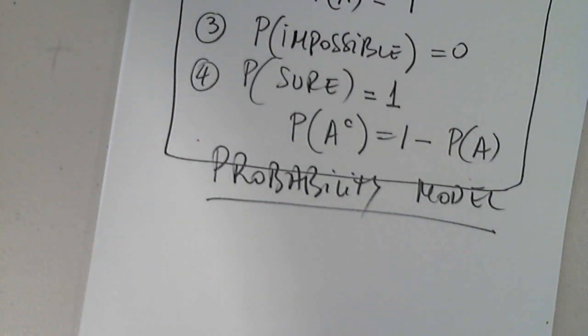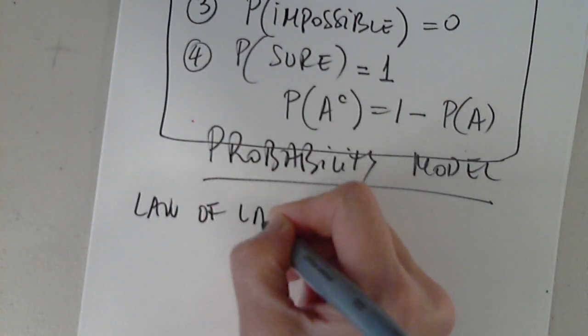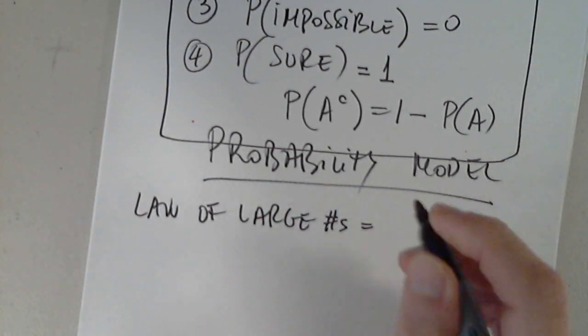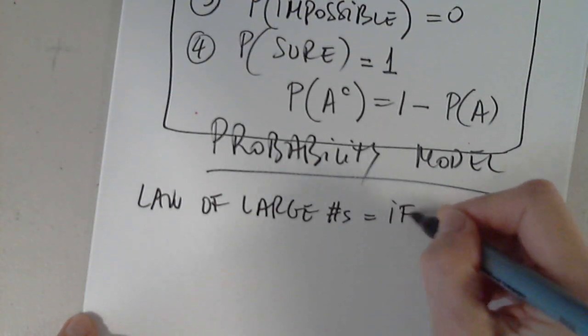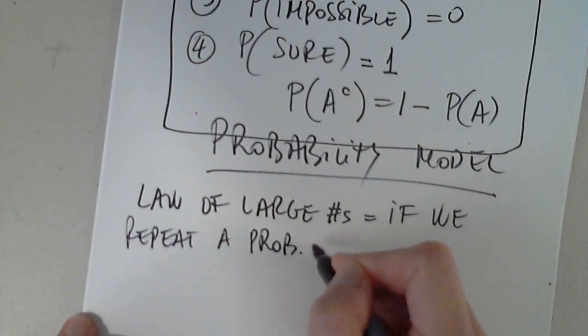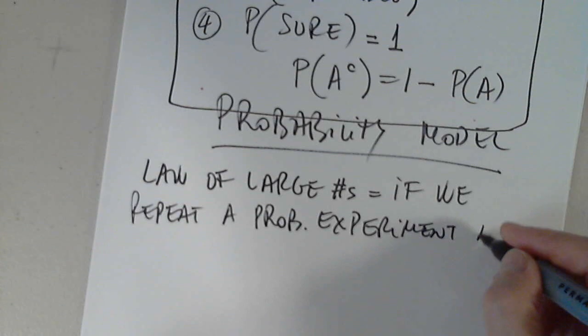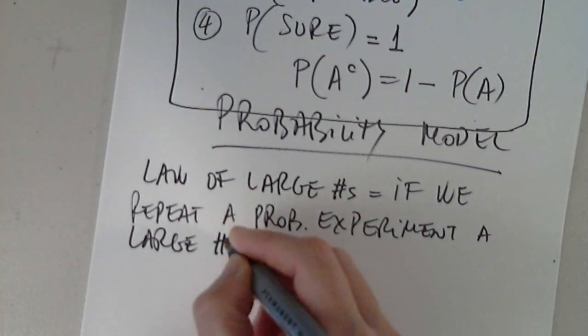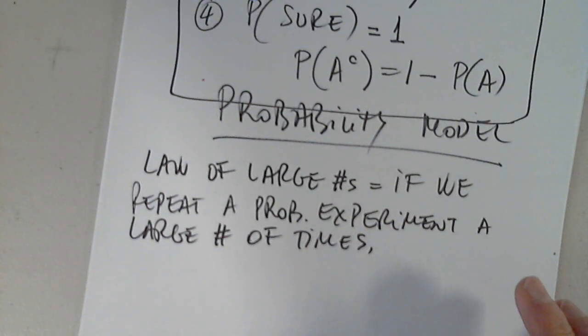So let's talk about the law of large numbers. The law of large numbers really states that if we repeat an experiment, a probability experiment, a large number of times, the proportion with which a certain outcome is observed gets closer to the probability of the outcome.